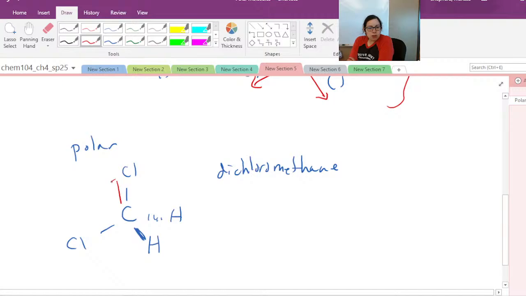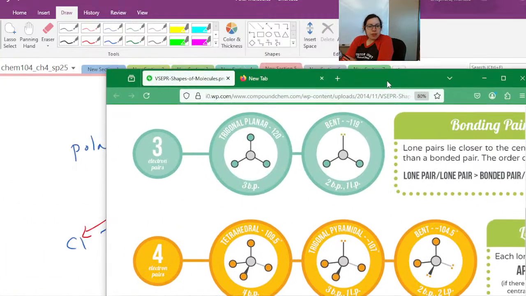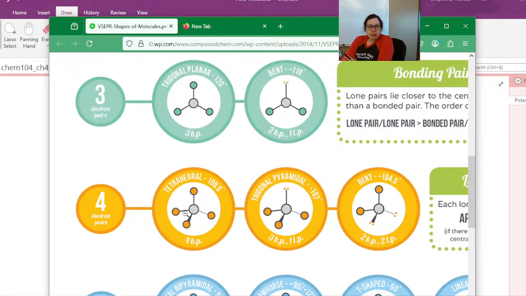If we draw our vector analysis, we see it's maybe just on one side of the molecule that's pulling electron density towards it. But you can also see that it's still tetrahedral, but since I've broken the symmetry by having chlorines and hydrogens, it's no longer symmetrical. As long as you've broken the symmetry, it's polar.